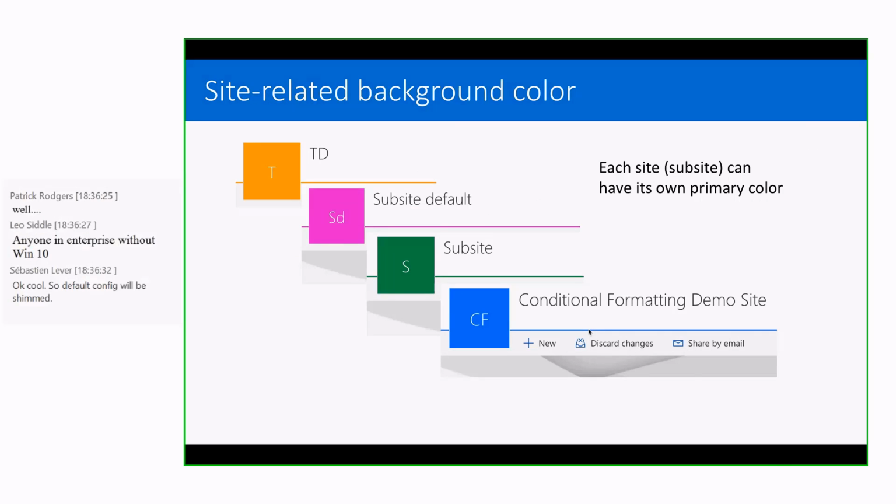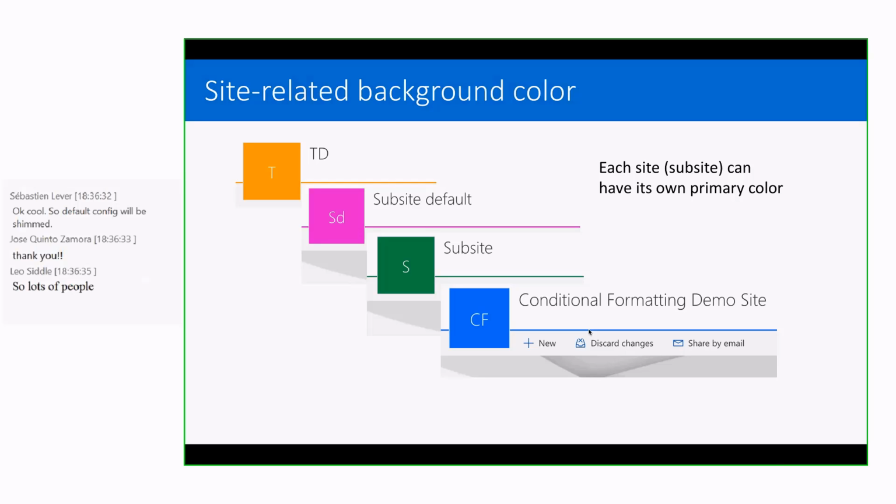Another scenario is related to the new experience and modern pages. When a user creates a site, each site or subsite can have its own primary background color. I believe that it was always inside themes, but now it's in the UI on all modern pages. You can see it in the rectangle with the abbreviation of the site name.